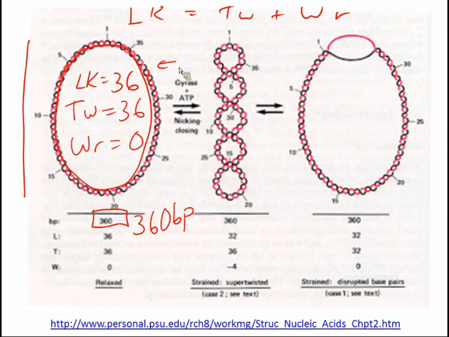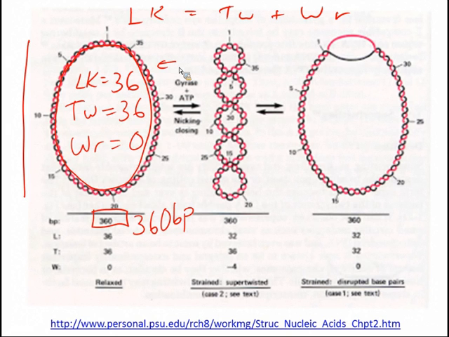Now, in reality, if I change my linking number by 4, that 4 will actually be partitioned between twist and writhe. So in reality, your twist is not going to remain at 36. It wants to remain at 36 because that was its preferred twist.